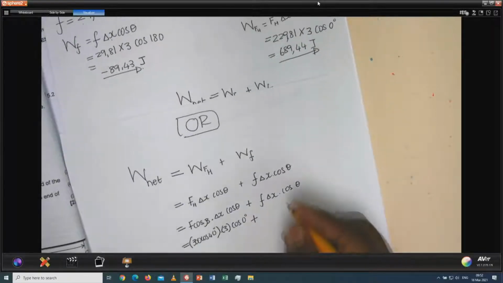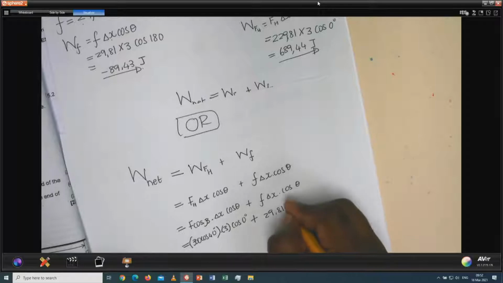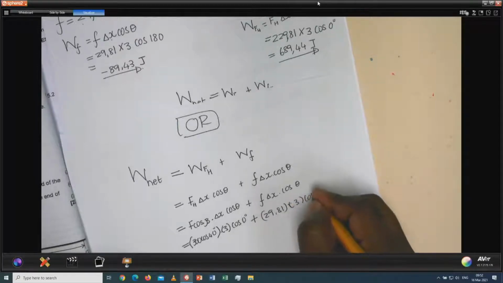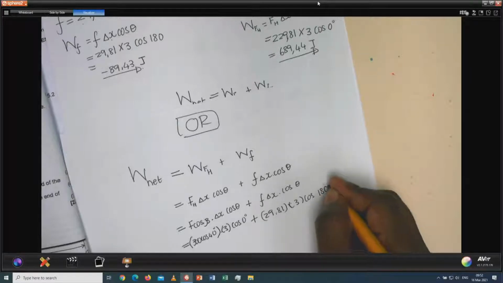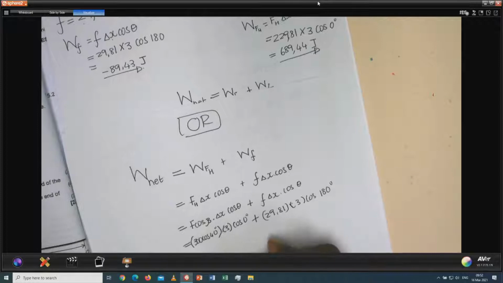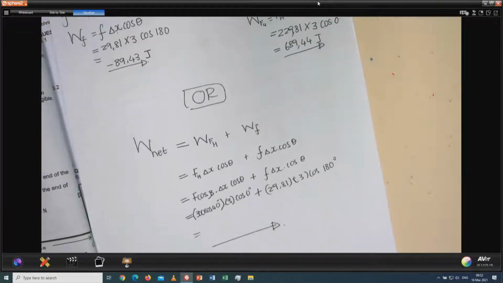And then the frictional force is 29.81, and the position is 3 cos, and then the direction cos 180 degrees, and you'll get the same answer. You get the same answer.